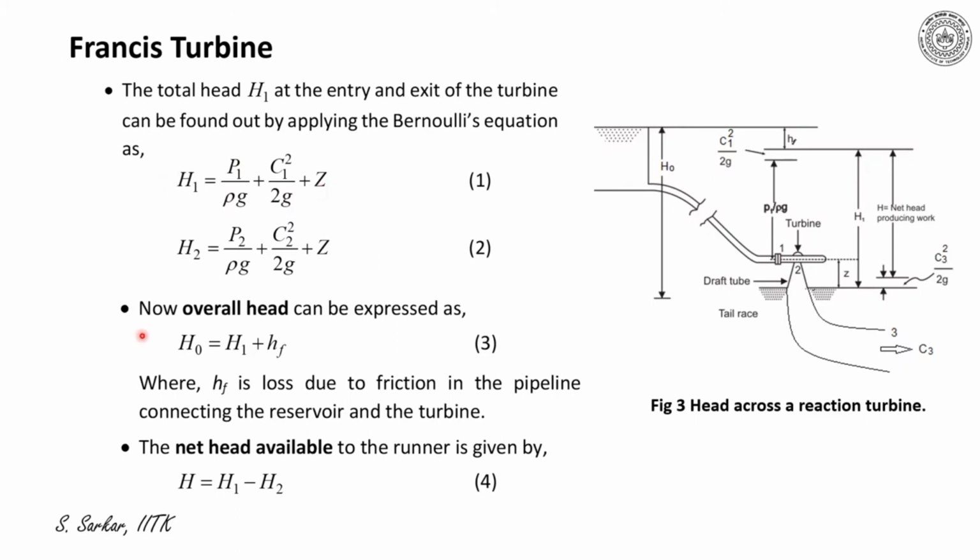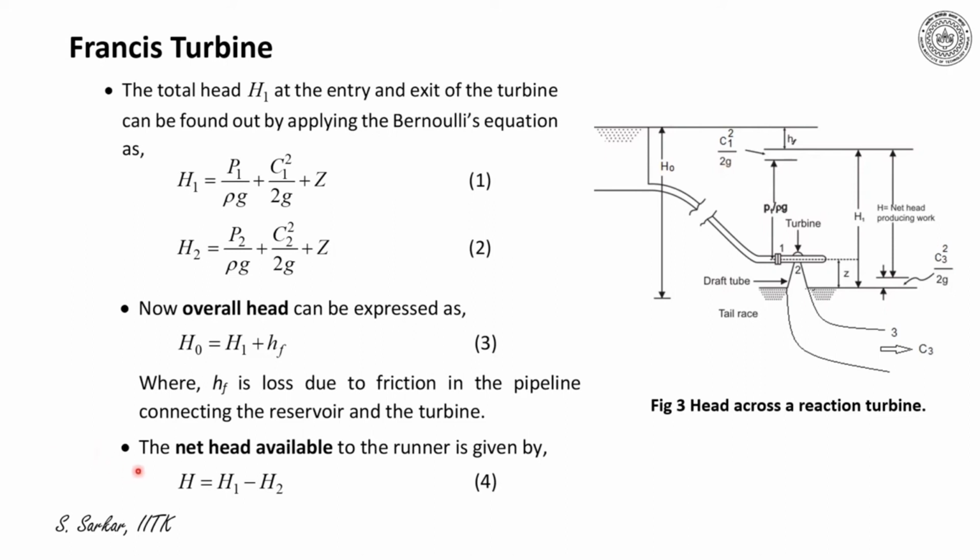Now the overall head can be expressed as H0 equal to H1 plus HF. HF is the loss of head due to friction in the penstock. Please note that I have indicated here H1 and HF, marked along with C1 squared by 2g, which is the velocity head at entry.